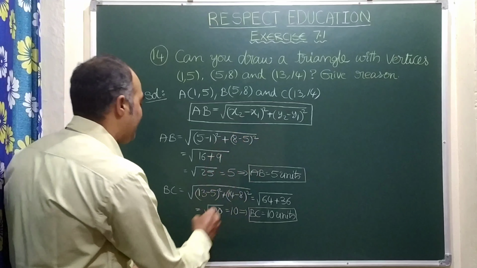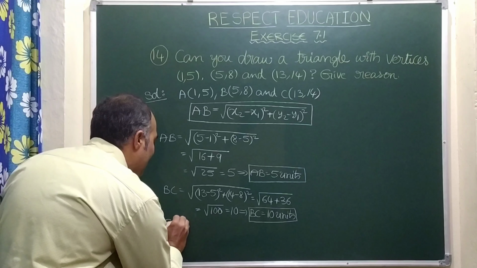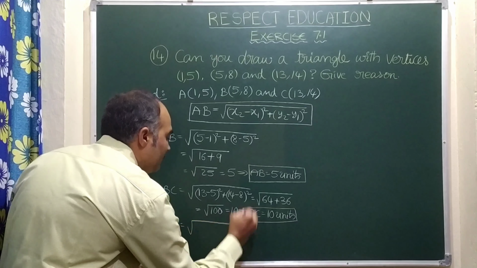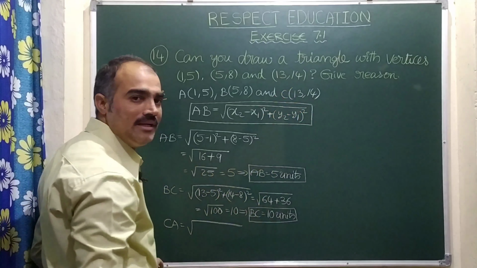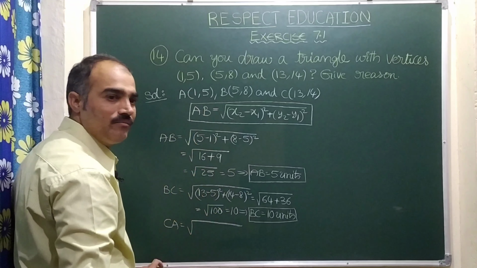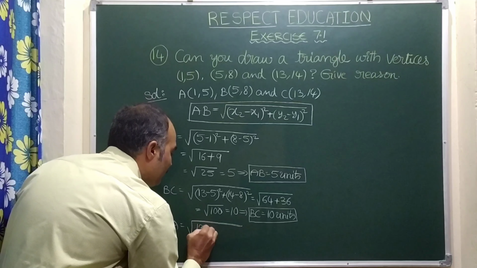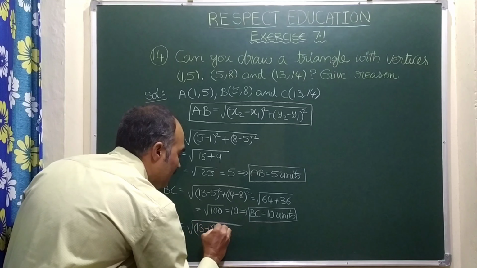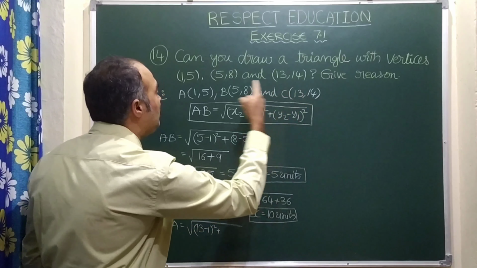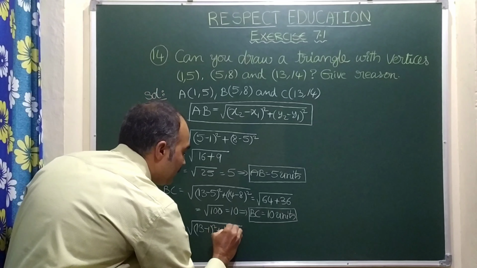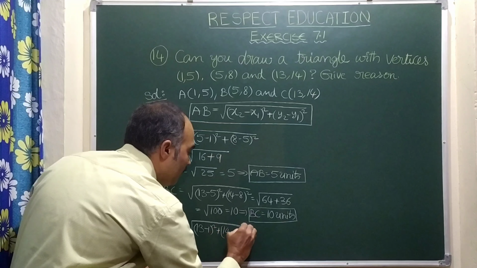Now let us find the distance between C and A, that is C (13, 14) and A (1, 5). That is under root (13 minus 1) whole square plus (14 minus 5) whole square.